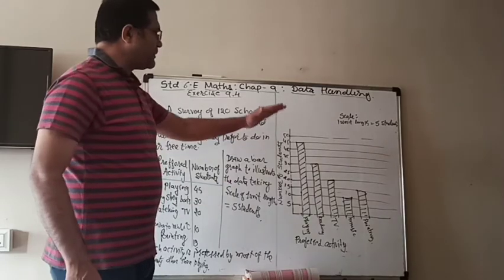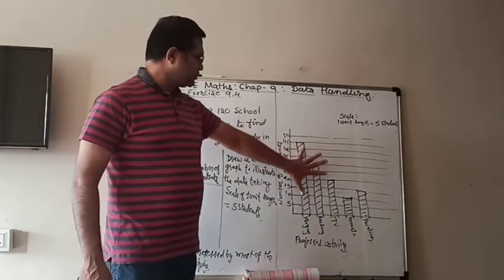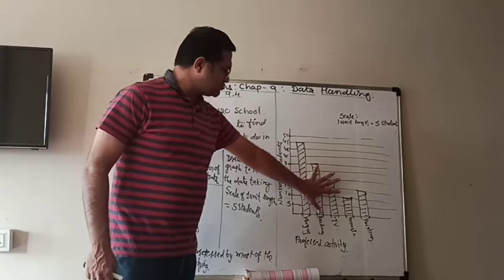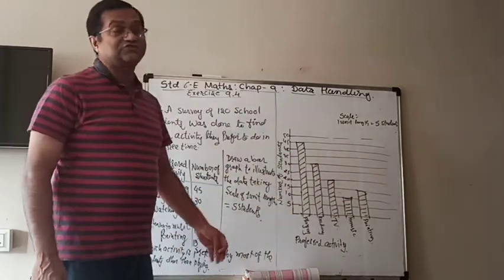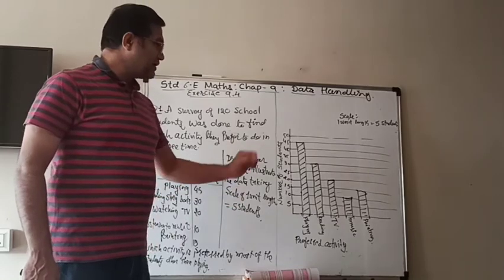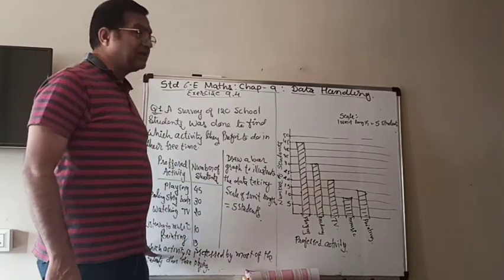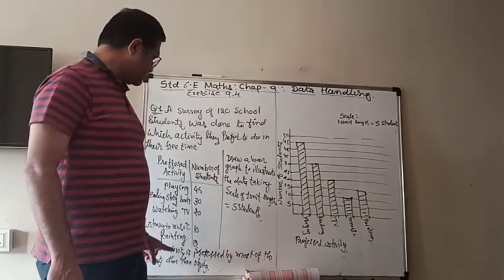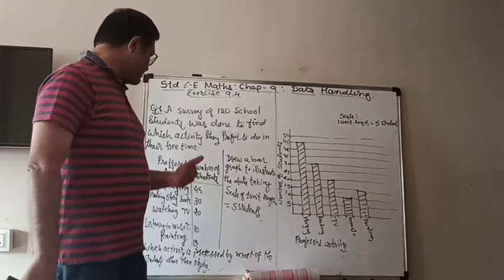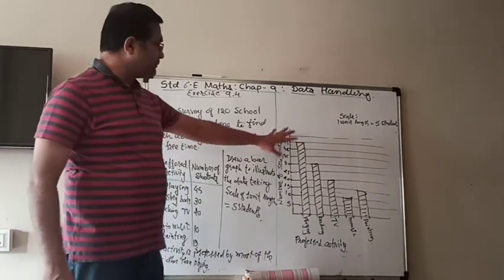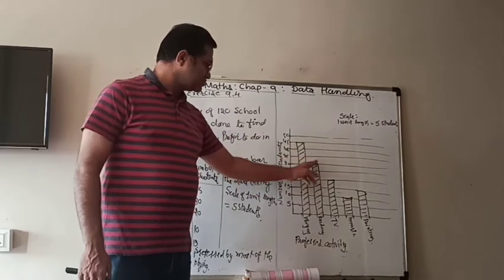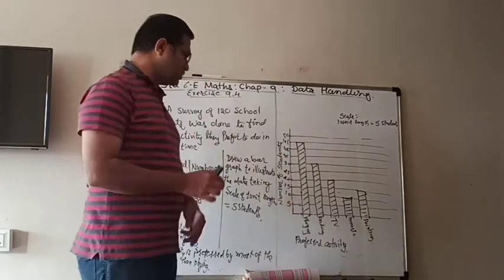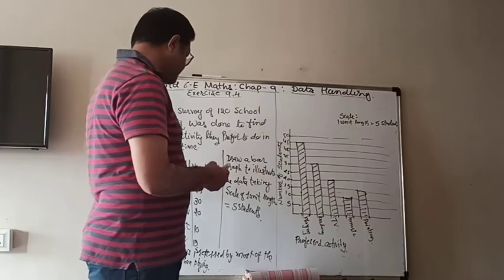So now from the bar graph you can see that that is the most preferred, then the next one, then that one, then that one, and that is the very least. Only a few students are there. So now we will write down the answer of this question, which activity is preferred by most of the students other than playing. So leave the playing, then after that which is the longest bar? This one. That is the reading storybook. So we can write down the answer.